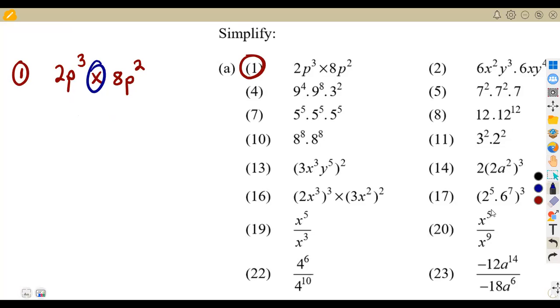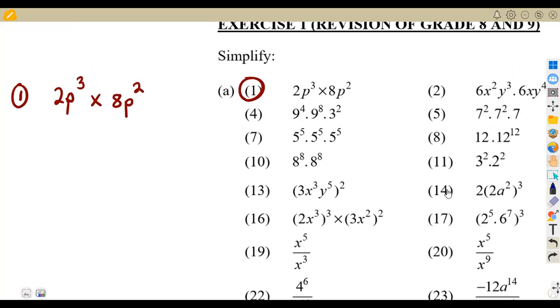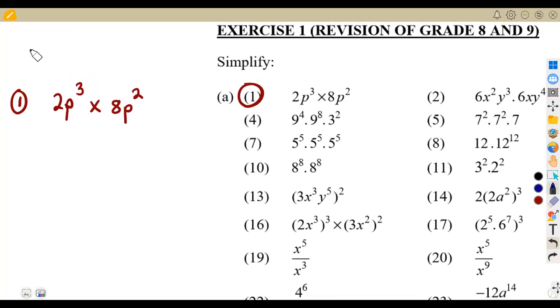And we said we're going to add our exponents. Remember, if you're multiplying a to the exponent of m to a to the exponent of n, what you do is that you add your exponents. So in this case, for the numbers, just multiply 2 and 8 together. So 2 times 8 is going to give us 16.